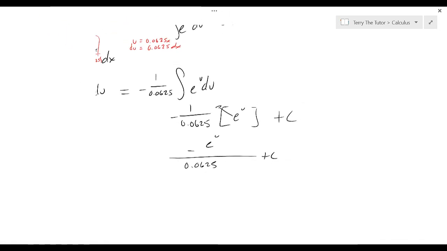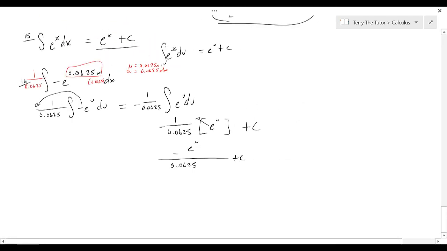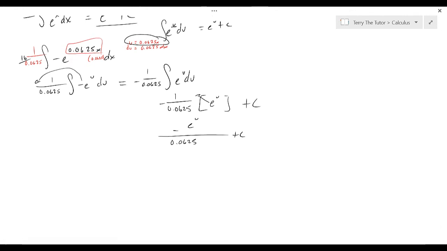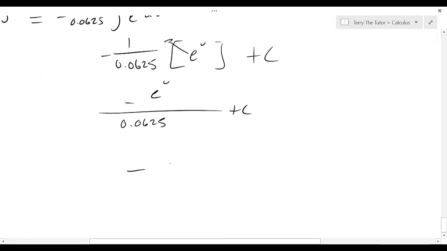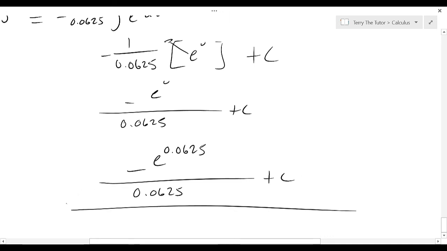And our last step is to back substitute for u. Here's our u. Let's back substitute. So we've got negative e to the 0.0625x over 0.0625 plus c. And we're done.